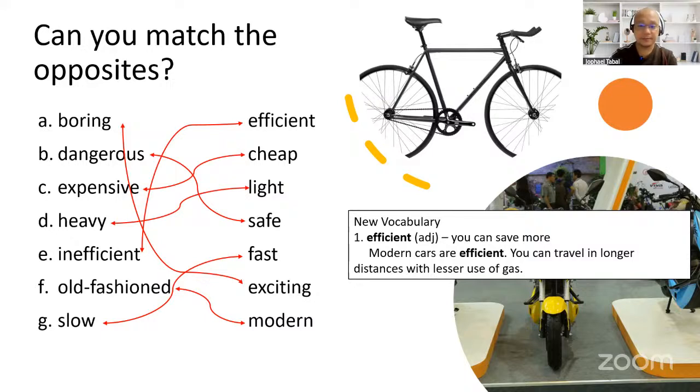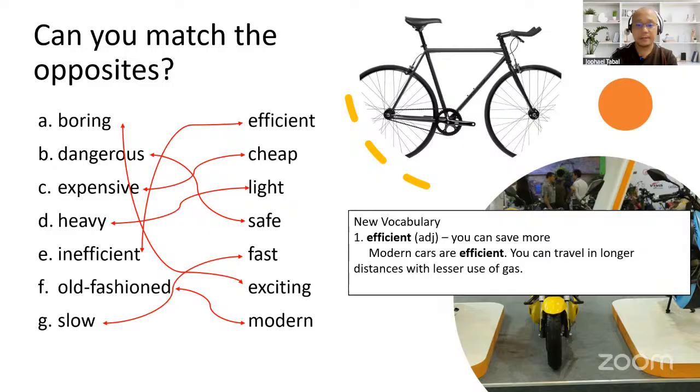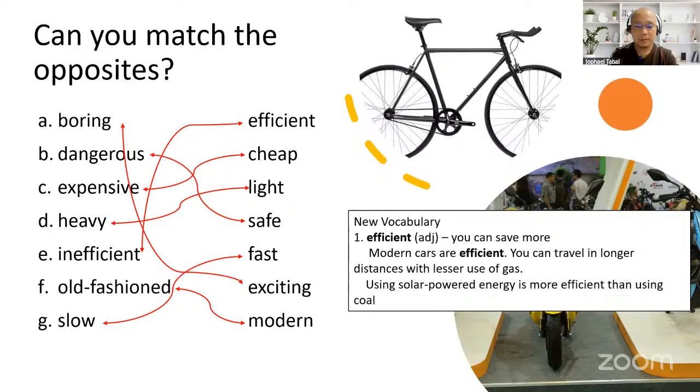Another example for this is, for example, we talk about electricity, okay? Solar power is using sun-powered energy. It is more efficient than using coal energy, okay?